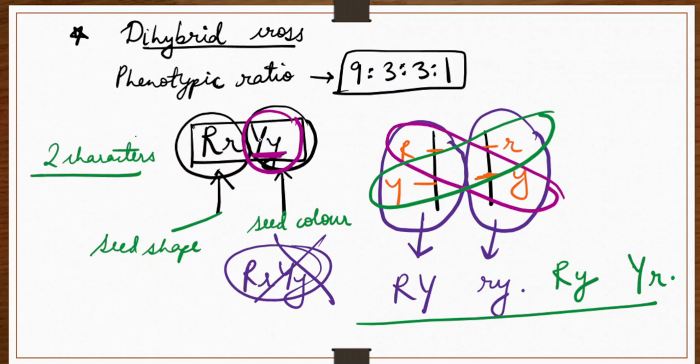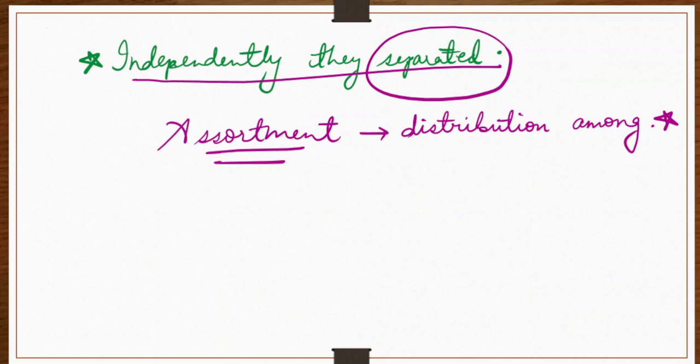And hence we got the ratio as 9 is to 3 is to 3 is to 1. So this ratio came because there was independent separation first, and among themselves they distributed independently, so there was independent assortment.